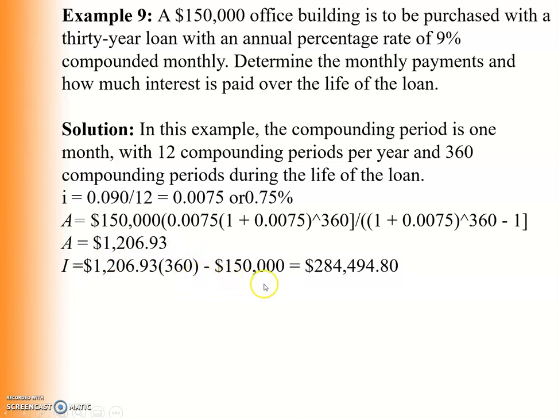Initially the amount obtained was $150,000, so the total interest paid over the 30-year period will be $284,494.8. Because the loan was for a very long period and the payments are made over a very long period, in the end you are paying much more interest than the original amount. So this is the answer.